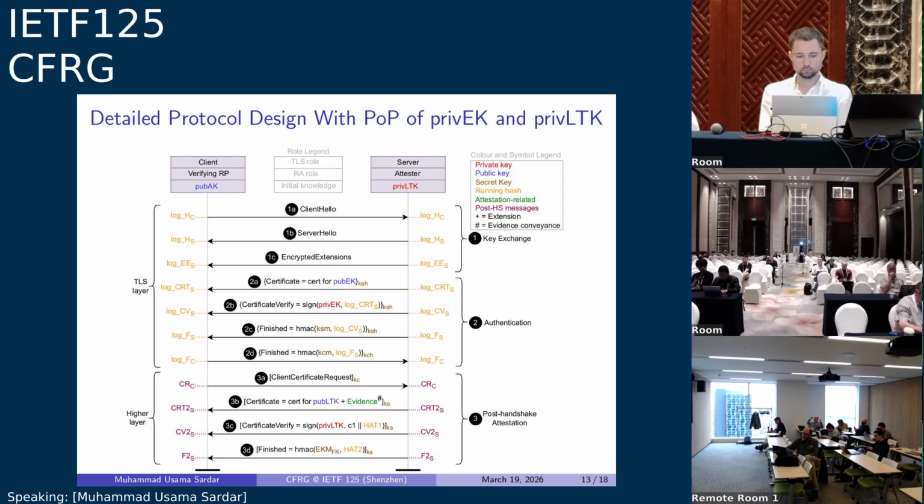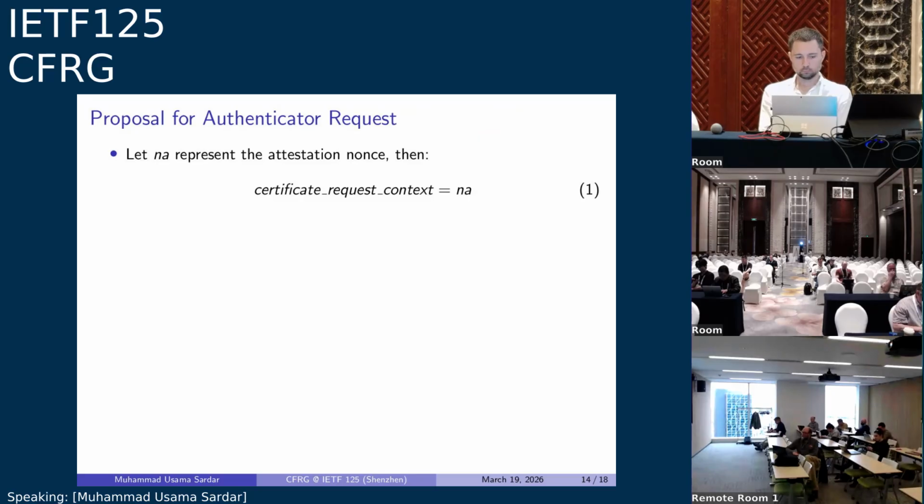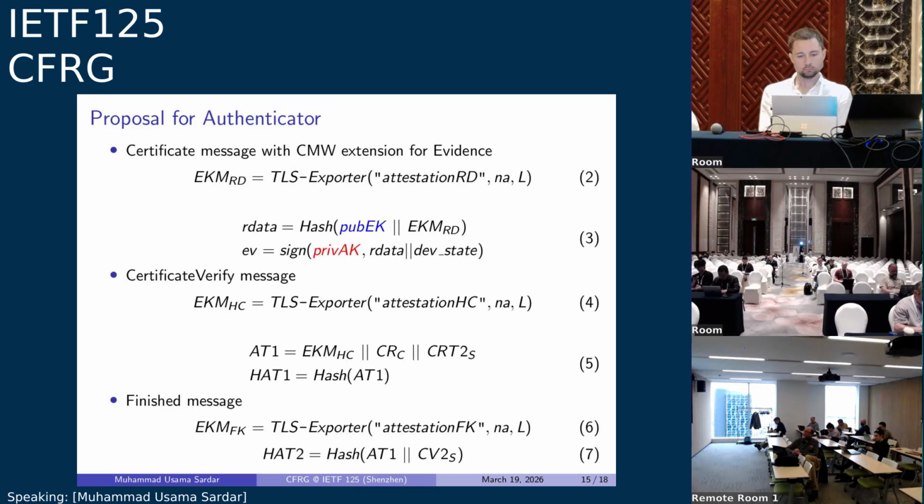The other thing I want to mention very quickly is the two new things, the authenticator request and the authenticator, for which I will describe the proposals. The first one is very easy: as I said, the certificate request will simply be the attestation nonce. Then for the authenticator, the three messages are certificate, verify, and finished.